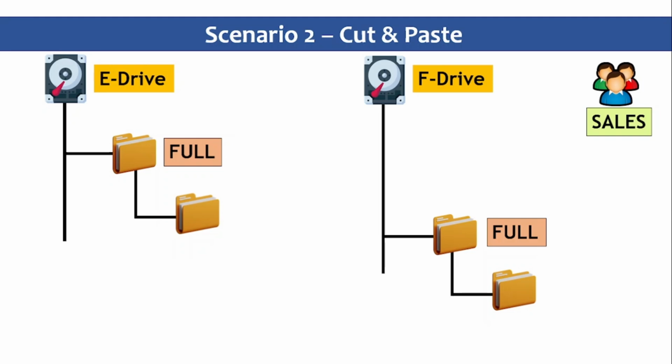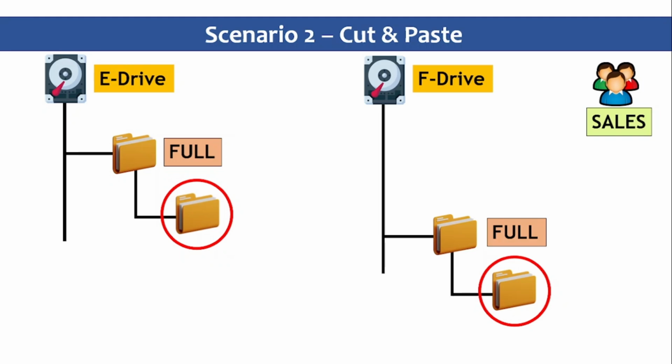So we had two read-only folders, one we cut and pasted under full on the E drive, and the second one we pasted under full on the same drive. Now the question arises, what will be the effective permissions on these two folders?